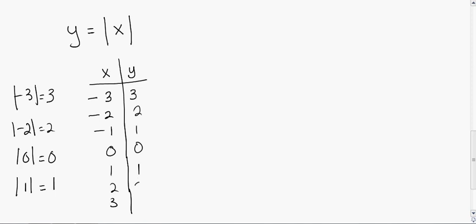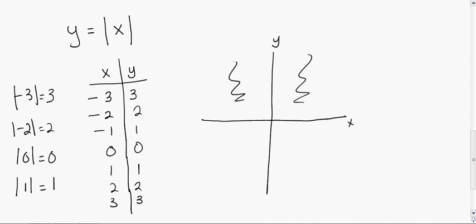The absolute value of 2 is 2, and the absolute value of 3 is 3. Take a look at that table. What do you notice about all the values in the y column? They are all positives, right? So that means when I go to graph, if all my y values are positive, all of my points are going to be up on the top half of the graph.